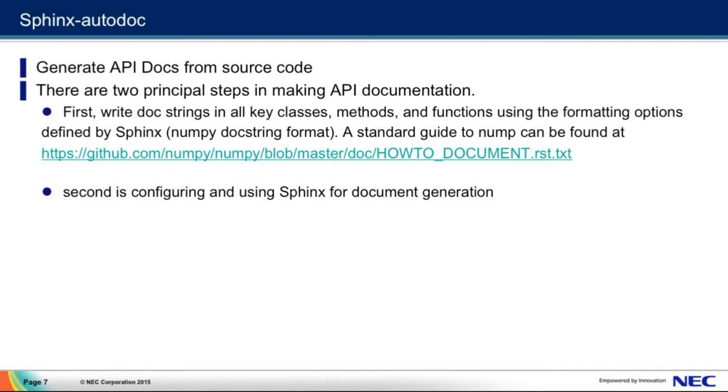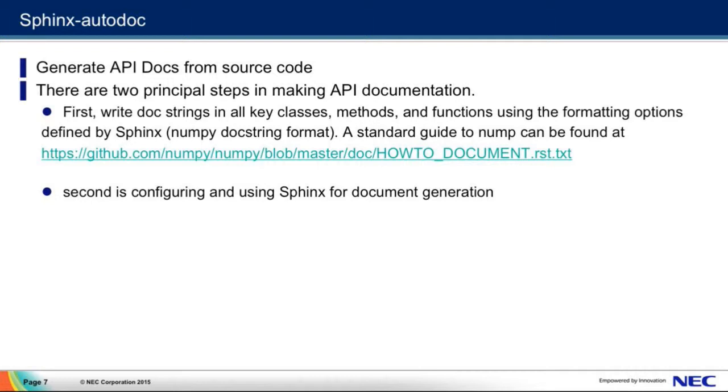I have given a link: Sphinx uses the numpy docstring format. In this link there are huge details on what annotations to use and how to write the docstring such that Sphinx will parse it and generate a beautiful document for your code.